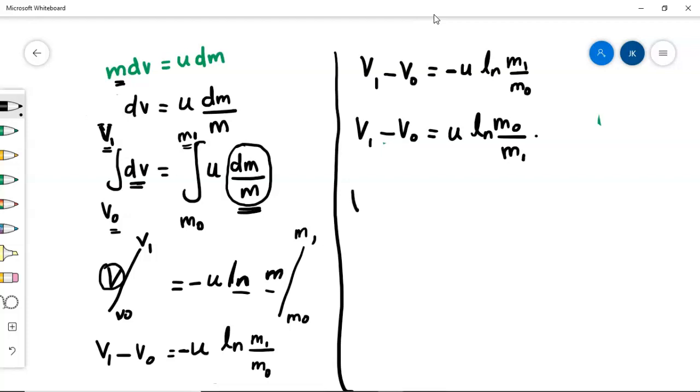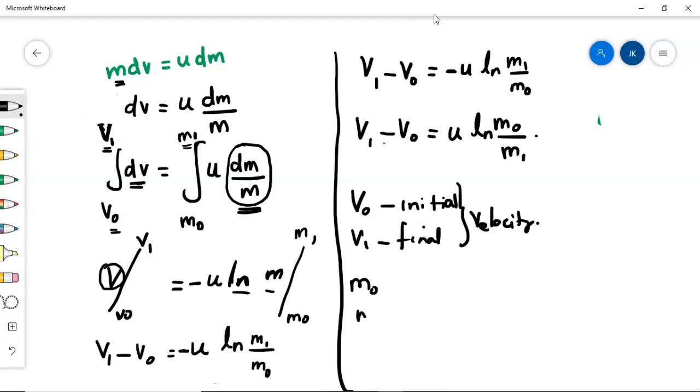So here v0 is the initial velocity, v1 the final velocity, and likewise m0 and m1, where m0 is the initial mass and m1 is the final mass.